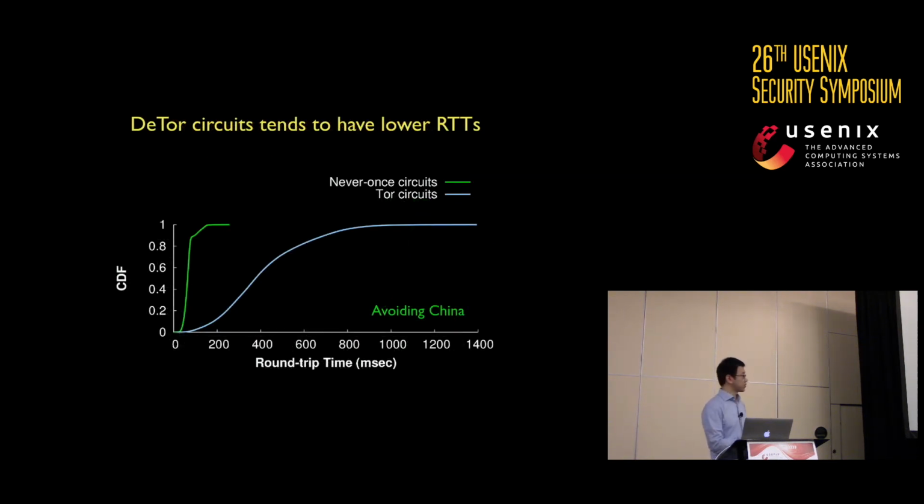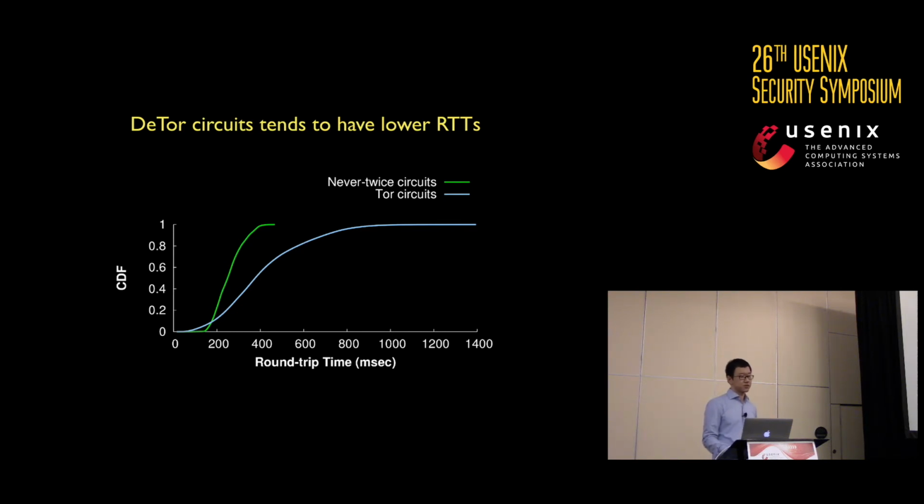Given that DeTor is usually successful, we next evaluate the performance of DeTor circuits. This shows the round-trip time of the never-once circuit. As we can see here, usually a never-once circuit will have a lower round-trip time than a normal Tor circuit. We have a similar result for never-twice circuits as well.